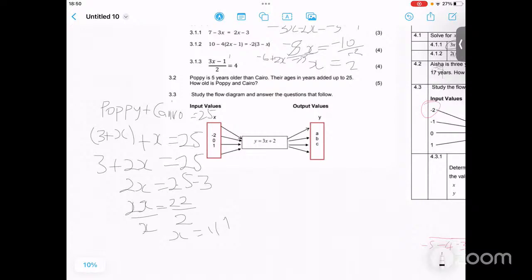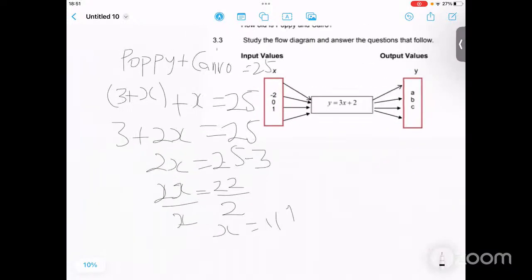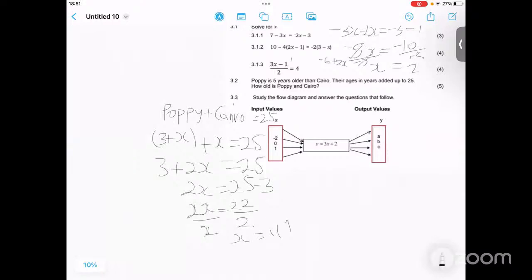Nyaki, did you want to say something? Ma'am, I recognized while Zira was talking that I read the question wrong. I used the previous age difference. It's 5, not 3. If they say it's 5 years older, you choose whoever to be x years old. In this case, you chose Cairo to be x years old.